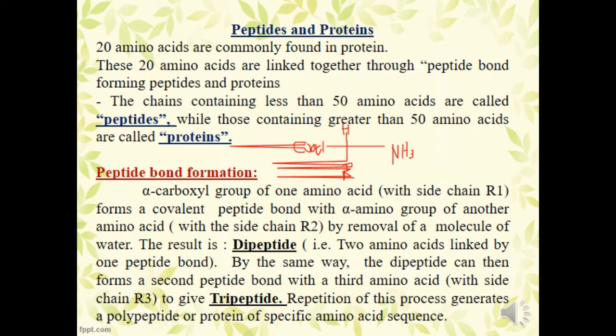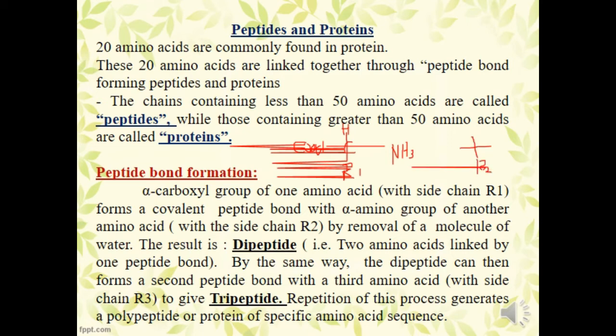This alpha carboxyl group of one amino acid, with its side chain, forms a covalent peptide bond with the alpha amino group of another amino acid. Let's say this is R1 and you have another one here, this is R2.